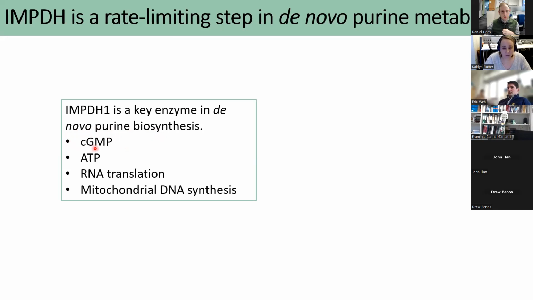It's important in phototransduction and can be produced through this pathway. Additionally, photoreceptors require a ton of ATP, and this is a way to generate ATP as well, along with just needing nucleotides for RNA and mitochondrial DNA. So perturbations in any of these may be causing problems that are detrimental to cone health.